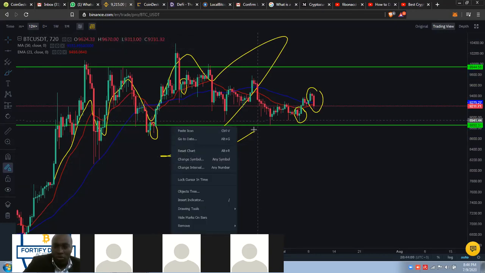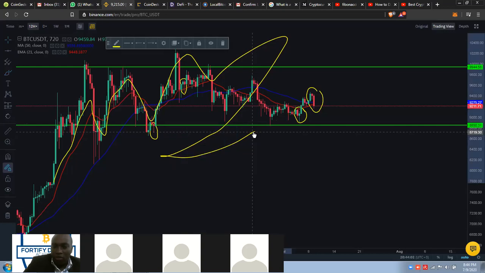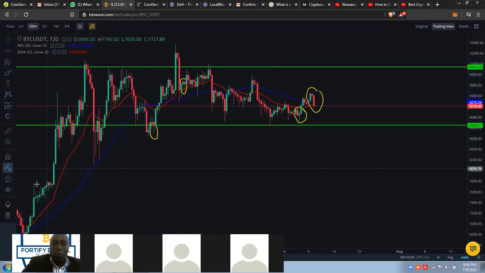Whenever you see the price going up, it will take a slight reverse towards the mean, and then continue.